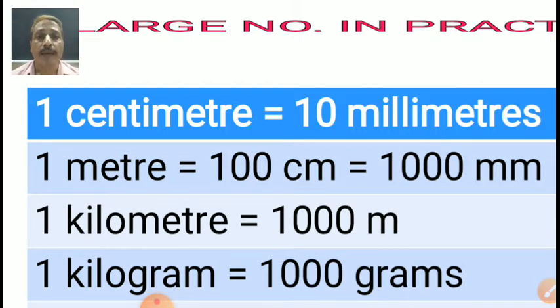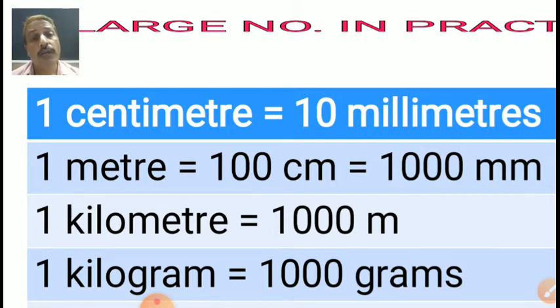When you go to purchase any cloth, you have to say, give me 1 meter of cloth or 2 meter of cloth. So this meter also has a relation with centimeter. Yes. So 1 meter is equal to 100 centimeter.